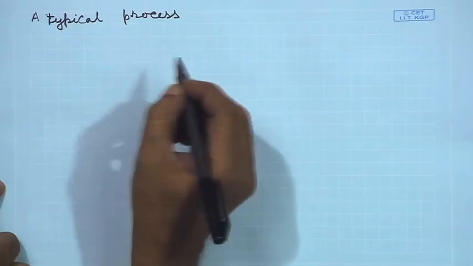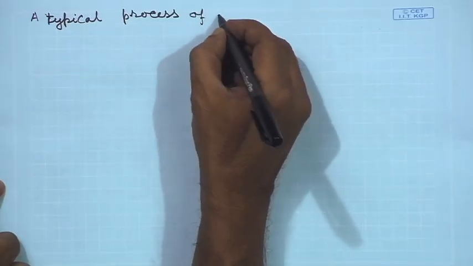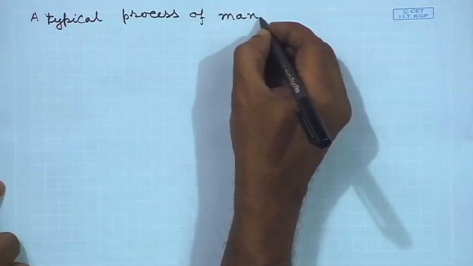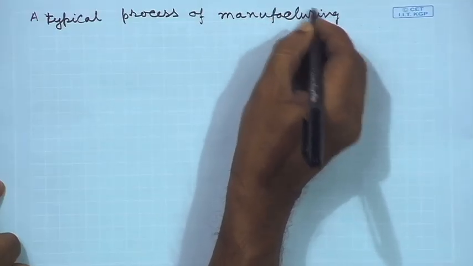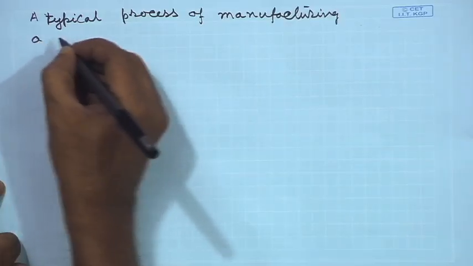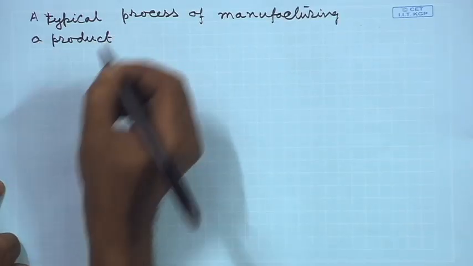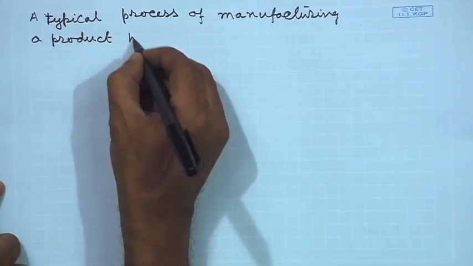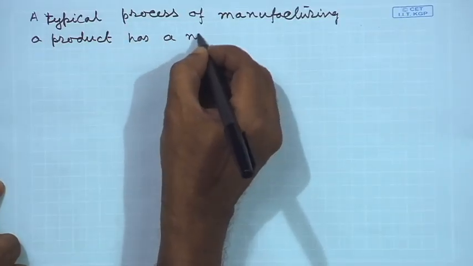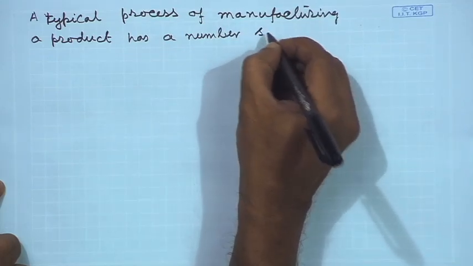So, a typical process of manufacturing a product has a number of sub processes.